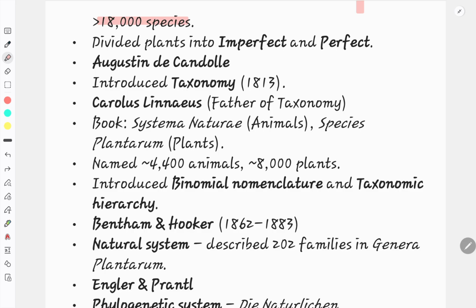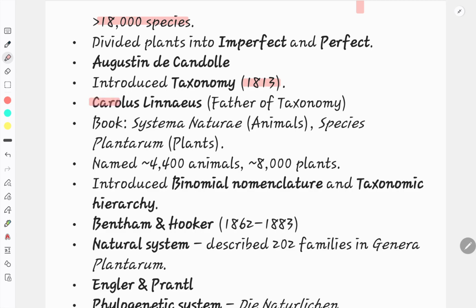Then another scientist came named Augustin de Candolle. He introduced the term taxonomy in 1813.